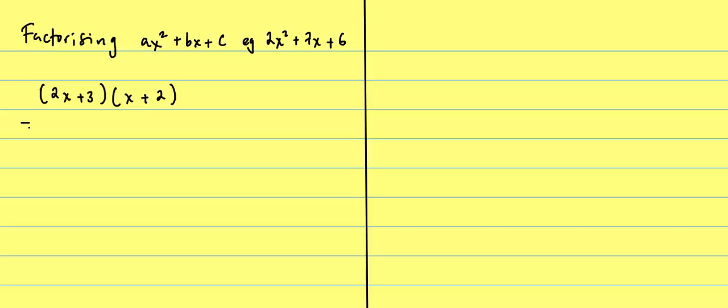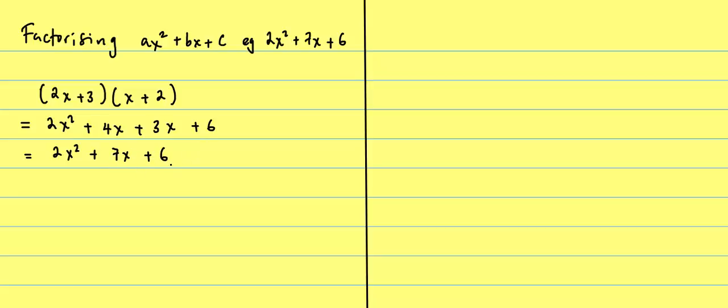So if I go ahead and do that, we will say 2x multiplied by x, and this will give us 2x squared. The 2x multiplied by the 2 will give us plus 4x. 3 multiplied by x will be positive 3x, and doing the same thing here will give us a positive 6. And then if we simplify this, we are going to end up with 2x squared plus 7x plus 6.